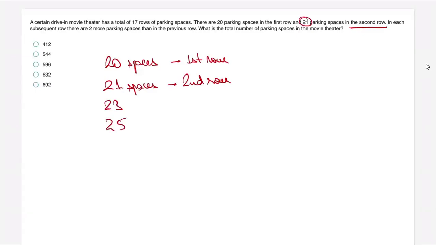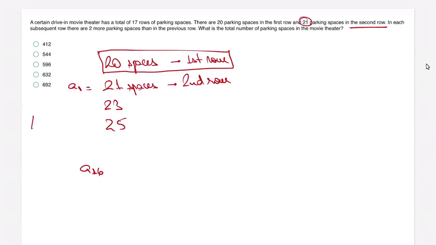So from here, that I will call A1, I have a pattern. Plus 2, plus 2, plus 2, to A16. Why? Because I'm not putting the first row in the arithmetic progression.